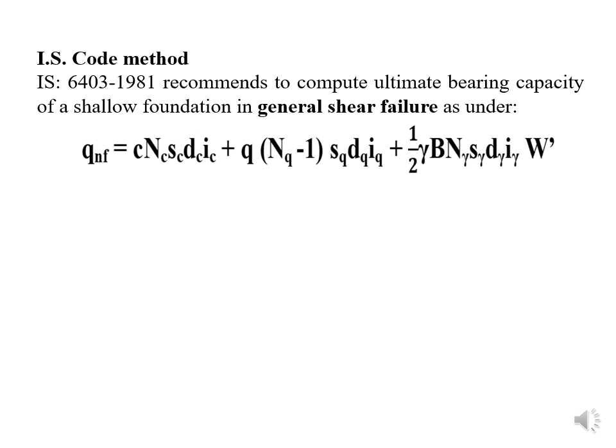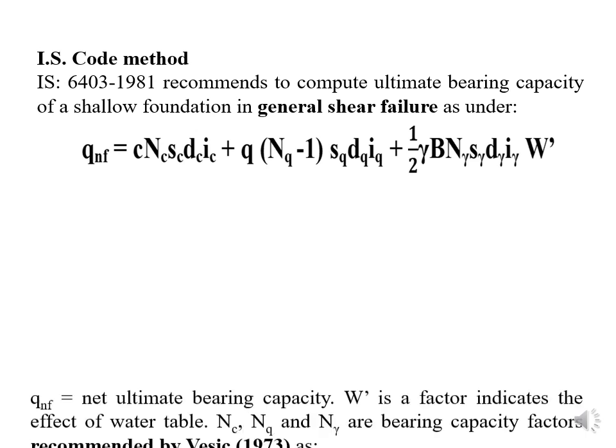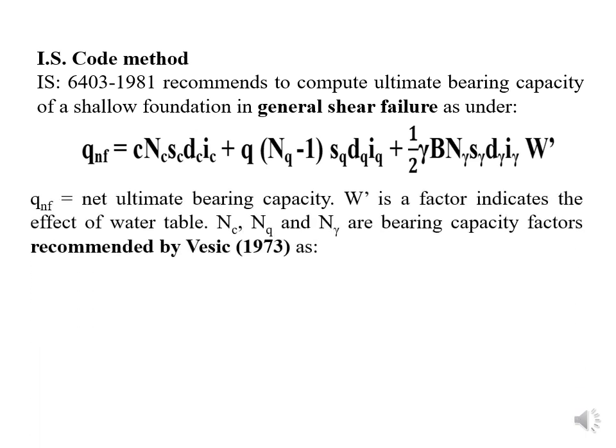What is new here? In the IS code method, it is similar to the Meyerhof equation, but W dash is the effect of water table on bearing capacity. That W dash is a factor which indicates the effect of water table on the bearing capacity of soil.